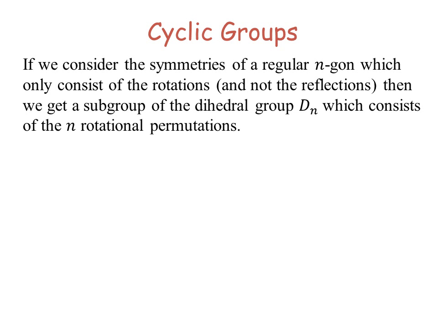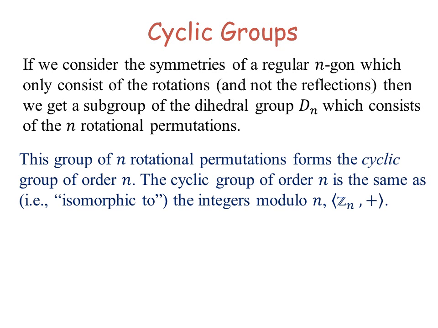If we consider the symmetries of a regular n-gon which consist only of the rotations and not the reflections, then we get a subgroup of the dihedral group D sub n, which consists of the n rotational permutations. This group of n rotational permutations forms the cyclic group of order n.